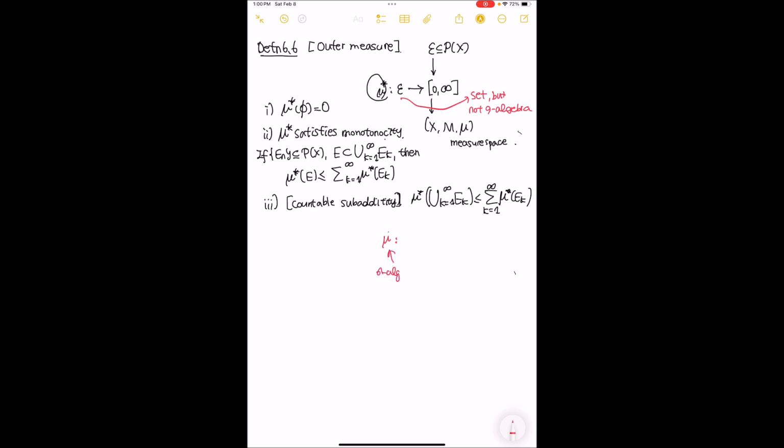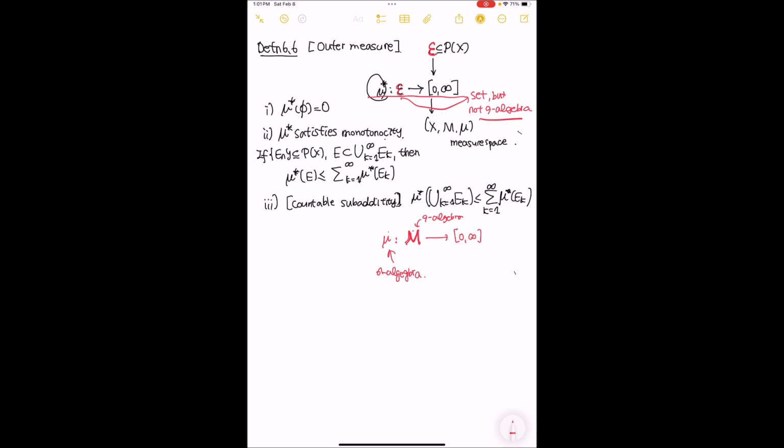To be a measure, the domain of the set function should be a sigma algebra. But because we can start from any power set, that is just a set function, not a sigma algebra.